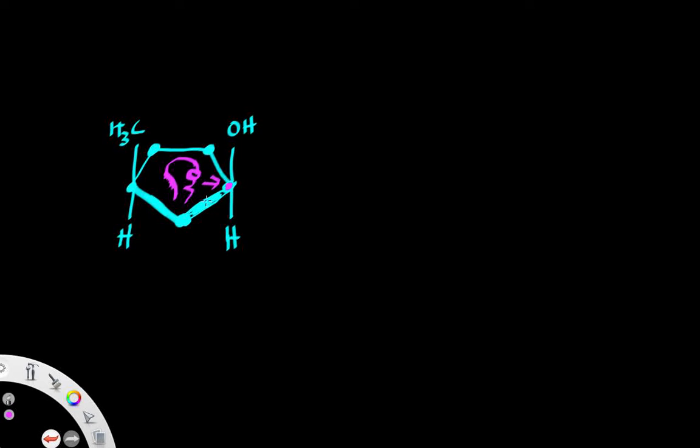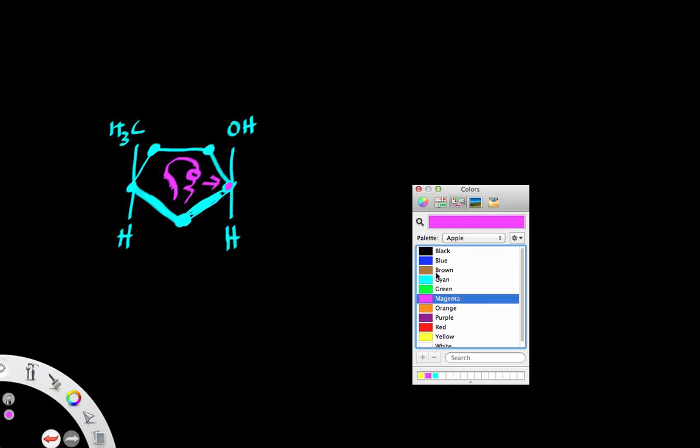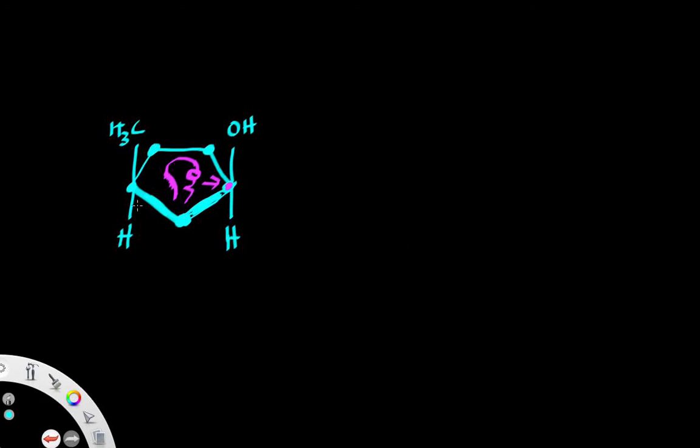And there's one thing I also want to distinguish. I want to show that this molecule has this bond to the alcohol group and this bond to the hydrogen pointed straight up and down. However, they're really drawn like this. And it's the same on this side as well.